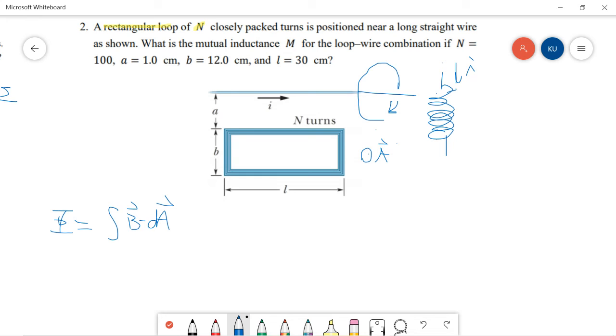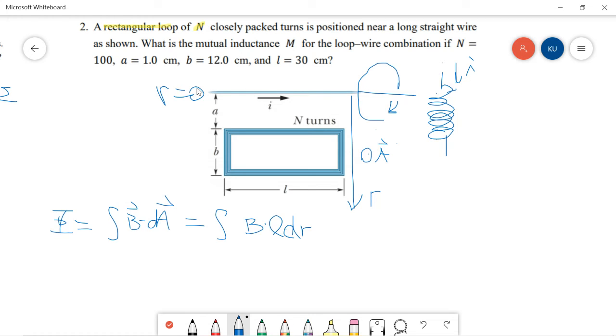And dA is L dr, or maybe you can use dx dy, something like that. But actually we can use dr in this direction, and we take r equals to 0 at the straight wire.